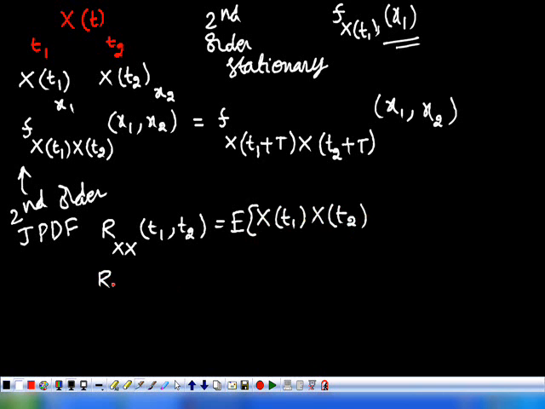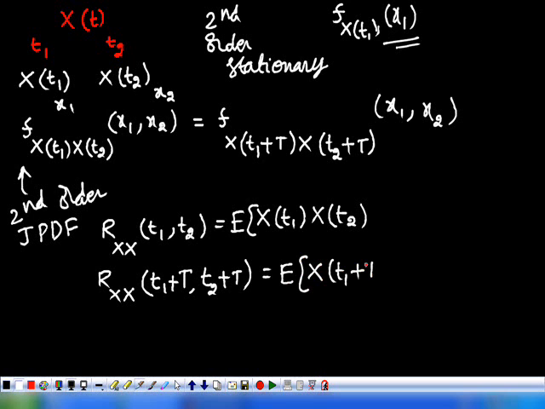Here, if you let T2 be T1 plus T, or otherwise shift both by T, this is equivalent to the expectation of x of T1 plus T and x of T2 plus T.